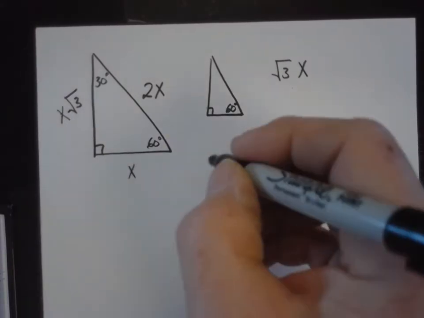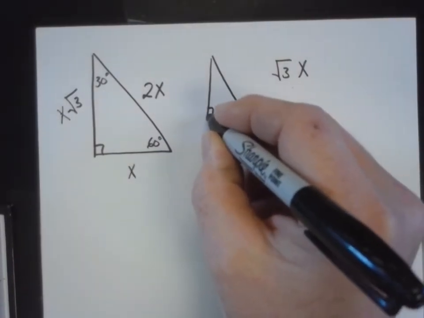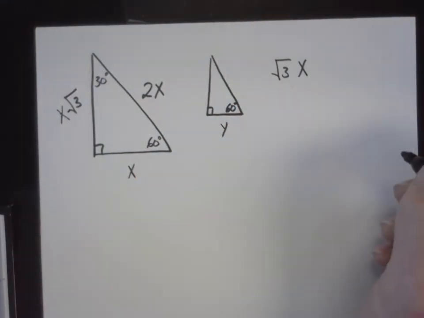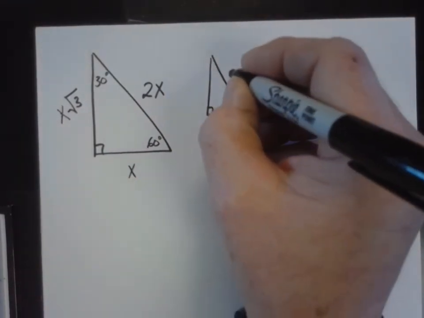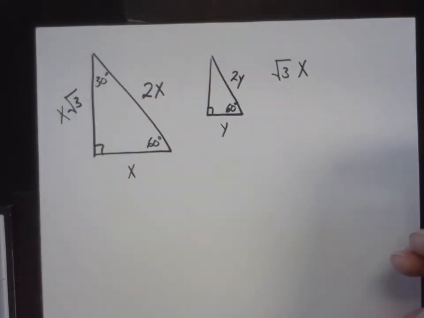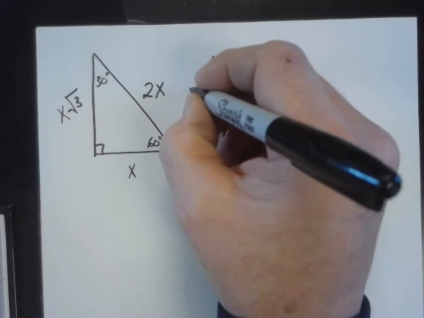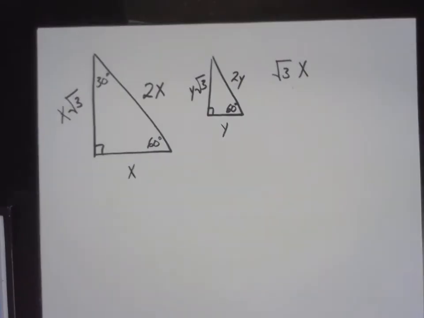So in here, if the short leg here is y, how long is the hypotenuse going to be, guys? 2y. And how long is the long leg going to be? Yep. I'm going to say y times radical 3. It's always going to be that way.